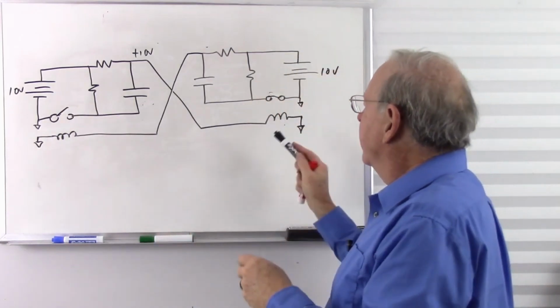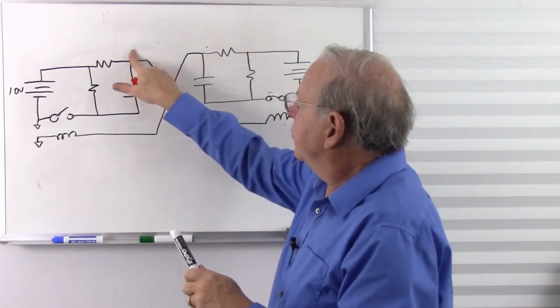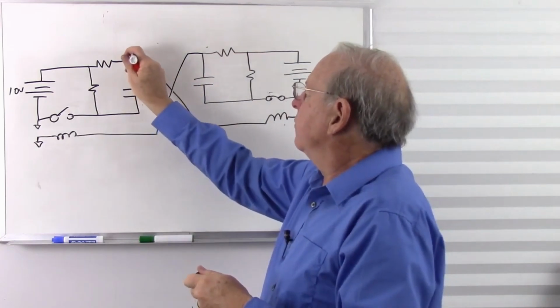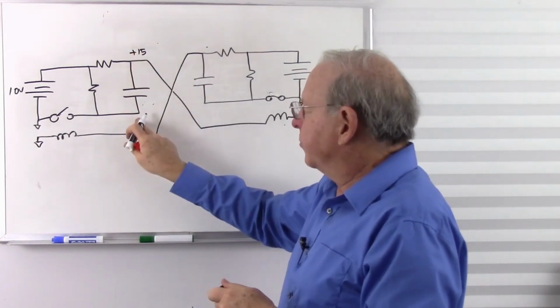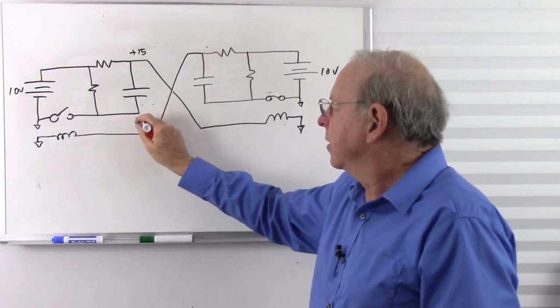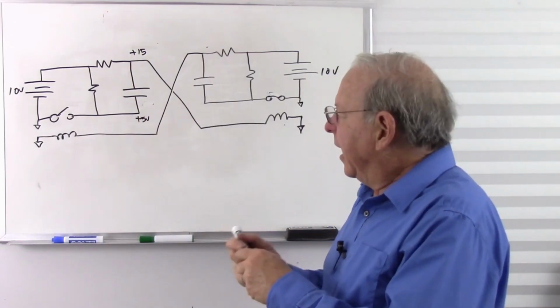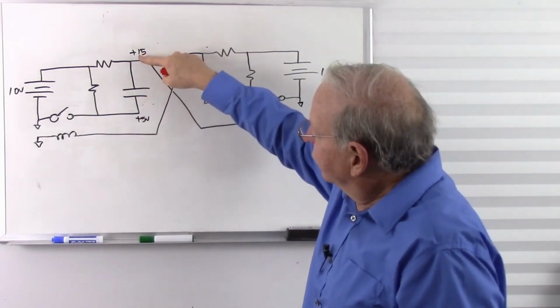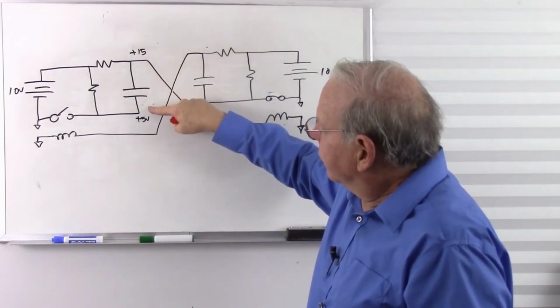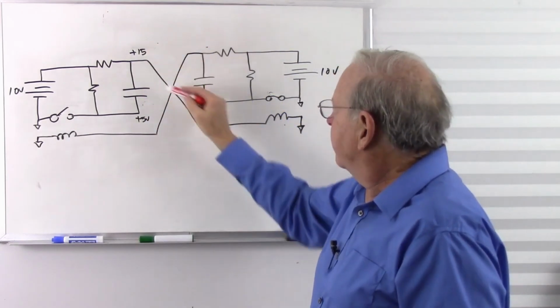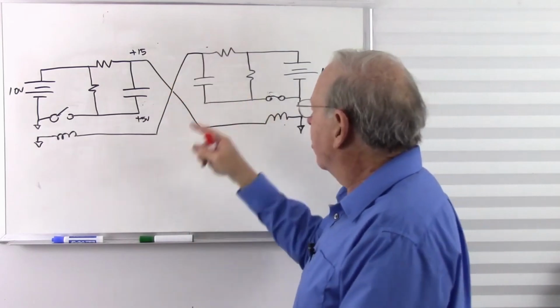Now watch what happens. As soon as I let go of that, this jumps up to plus 15 volts. And this jumps up to plus 5 volts. And as time goes by, this drops down to 10 volts. This goes up to 10 volts. So this is going to stay at 10 volts and keep that charging.